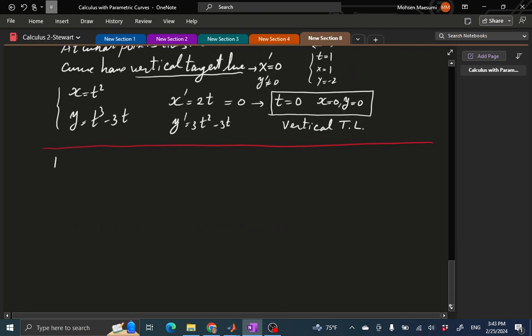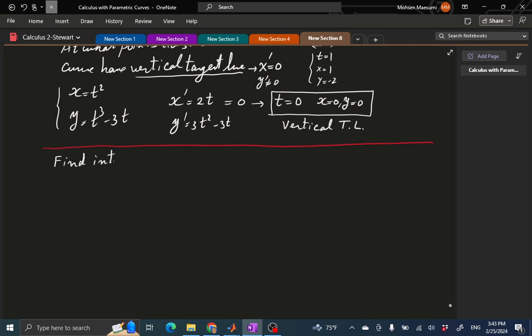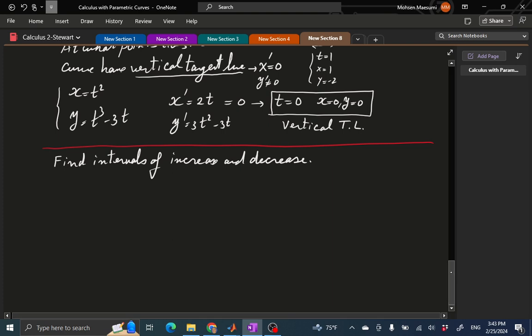Okay, find intervals of increase and decrease. Notice again we have a complication here.